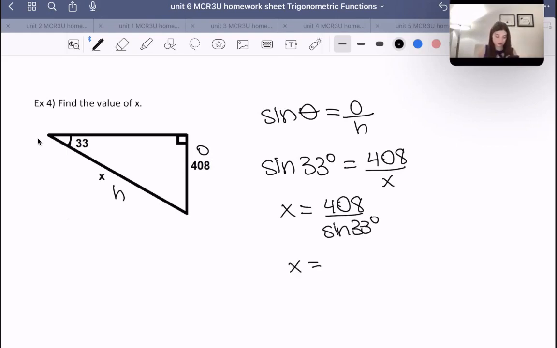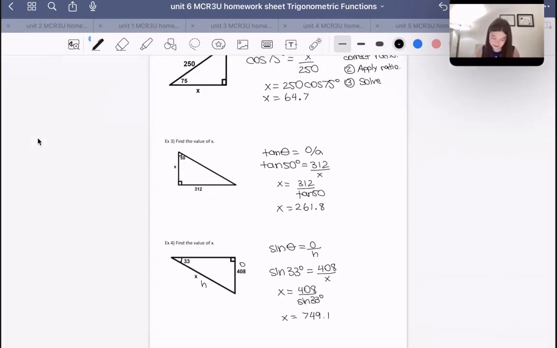We're going to punch in 408 divided by sine 33 is equal to 749.1 approximately. Again, we got a calculator full of digits. I'm going to round to one decimal place in this case, but do round to whatever your teacher prefers. All right, well, there we go. We figured it out.